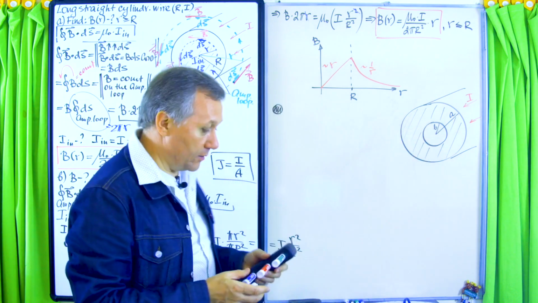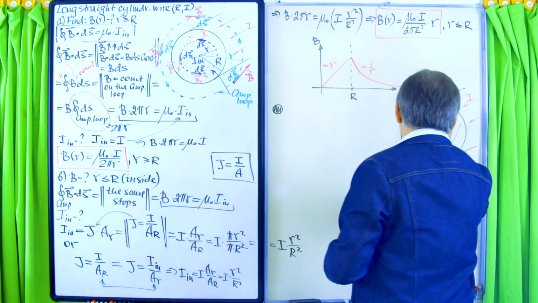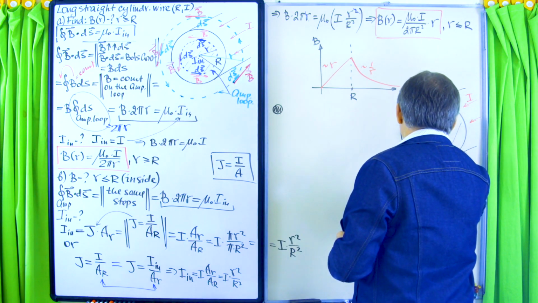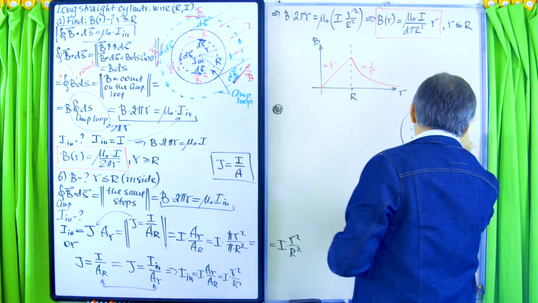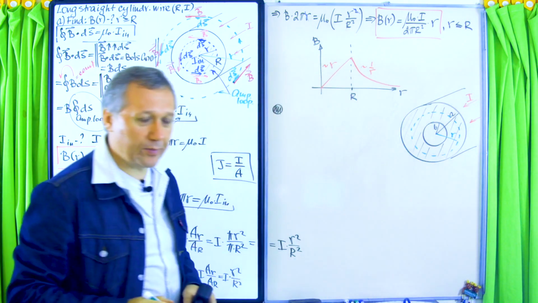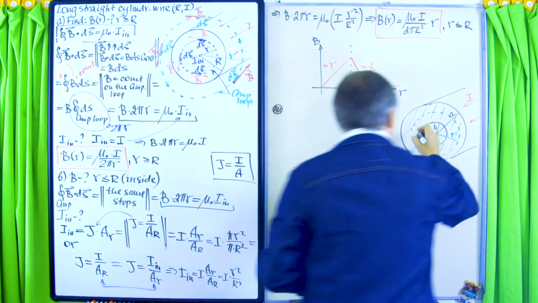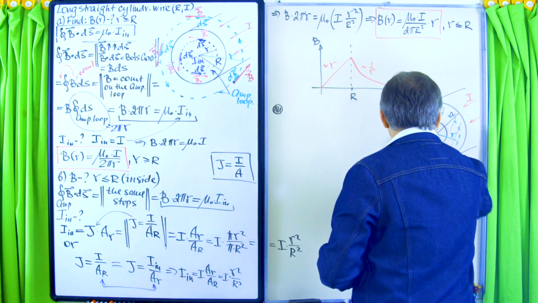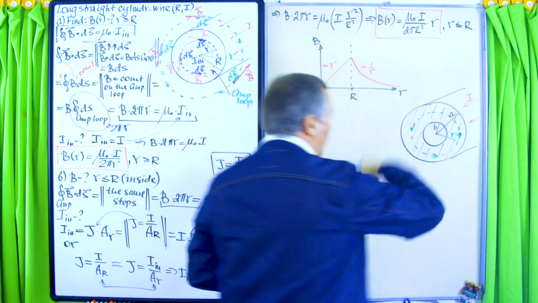And let's say we want to find the magnetic field, for example, inside of the wire at some arbitrary radius r again. So that's our Amperean loop, right? Again, for the direction of integration, I will pick counterclockwise.